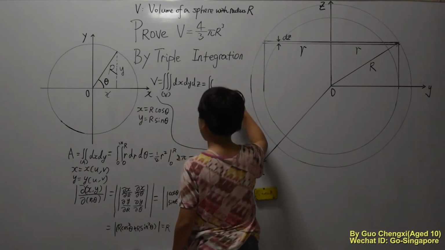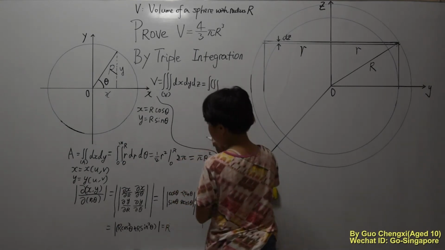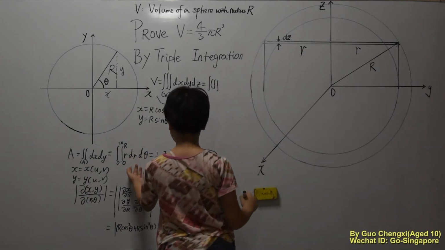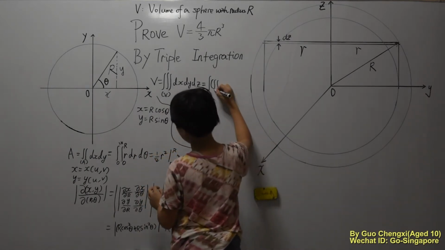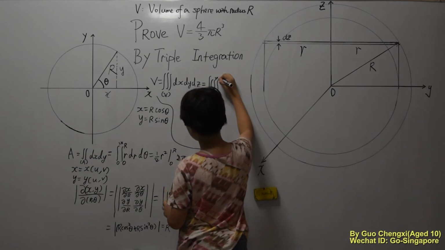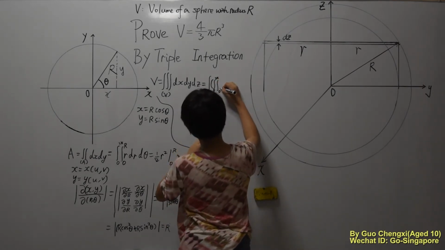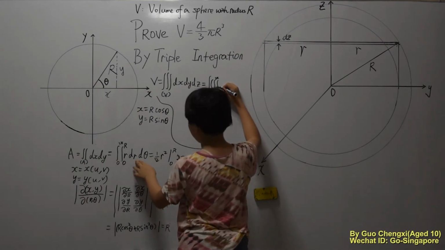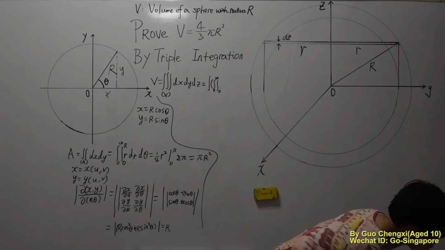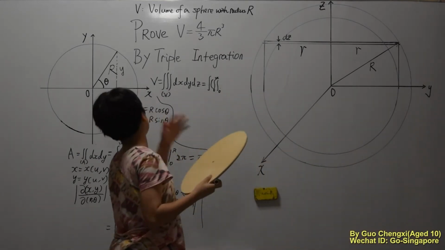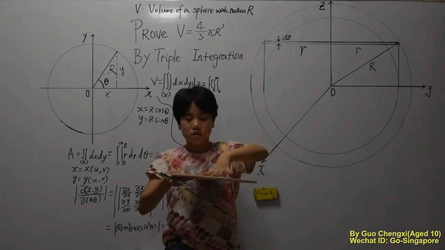So now we can straight away put this part, okay, so over here becomes 0 to 2 pi, so that's for the theta. So now over here it's r dr, right? But wait, over here this is just for a disk. So this r over here is actually a small r.